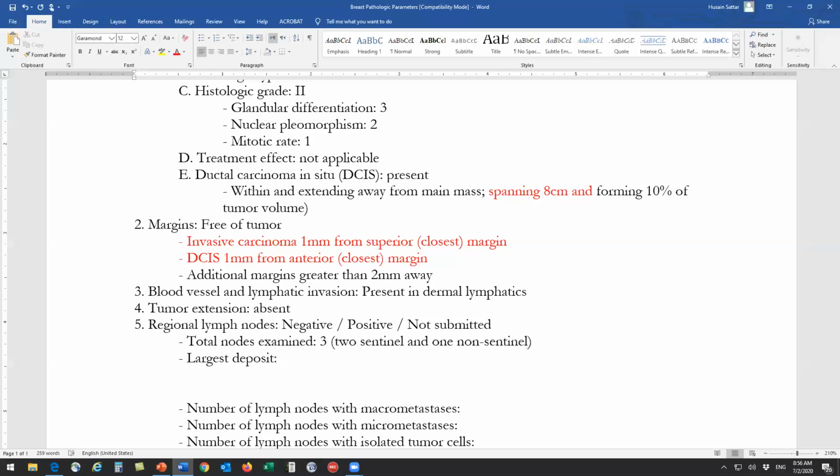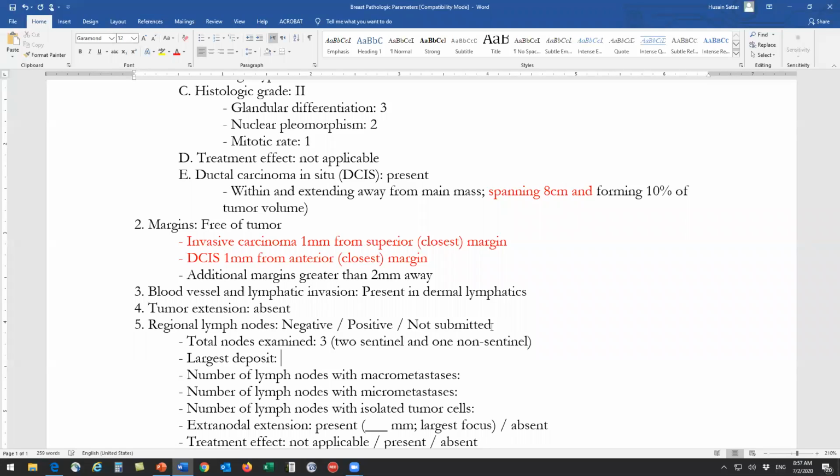For example, if they only have micromet, that's going to be a pN1mi. MI means micro only, just as an example. Or if it's an ITC, an isolated tumor cell cluster, that doesn't count as a met, so that's 0. And then we call it I+, meaning they have isolated tumor cells.